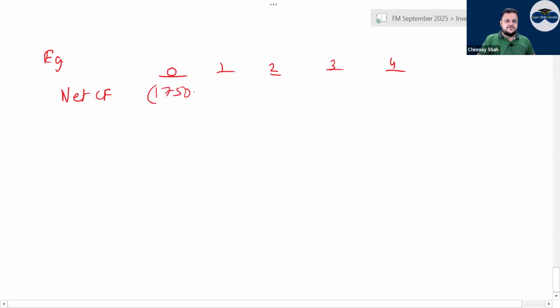Cash flows: 17,500, 4,000, 8,000, 7,000 and 6,500, right? Discounting rate is equal to 9% per annum.